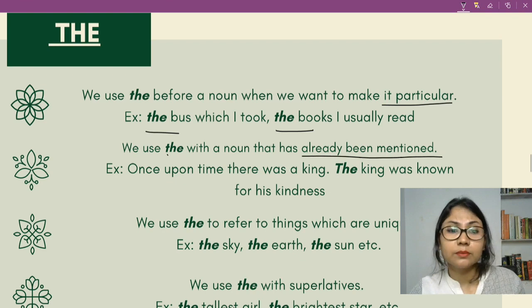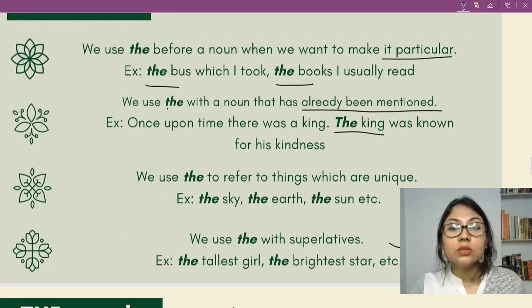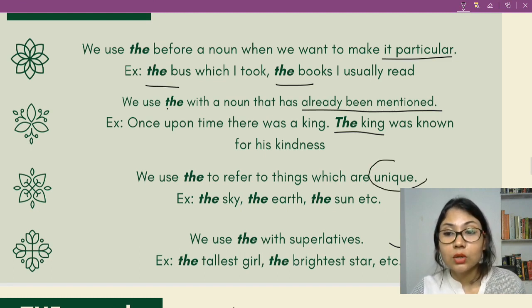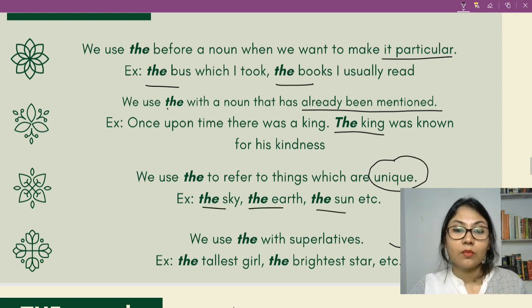Look at the example. Once upon a time, there was a king. The king was known for his kindness. Next. We use the to refer to things which are unique. Only one. The sky, the earth, the sun, etc.